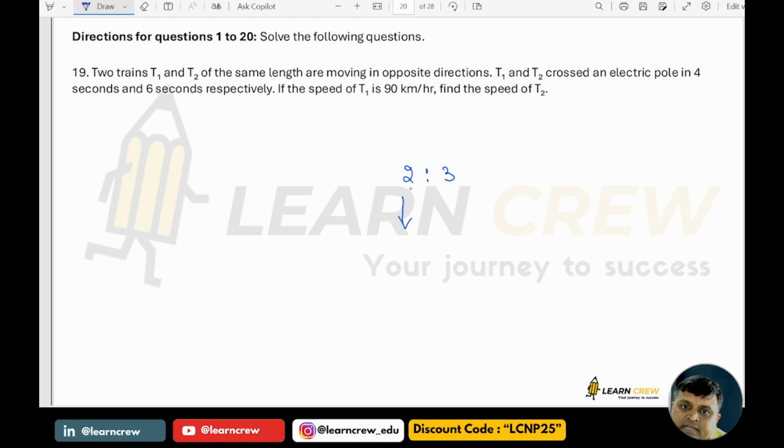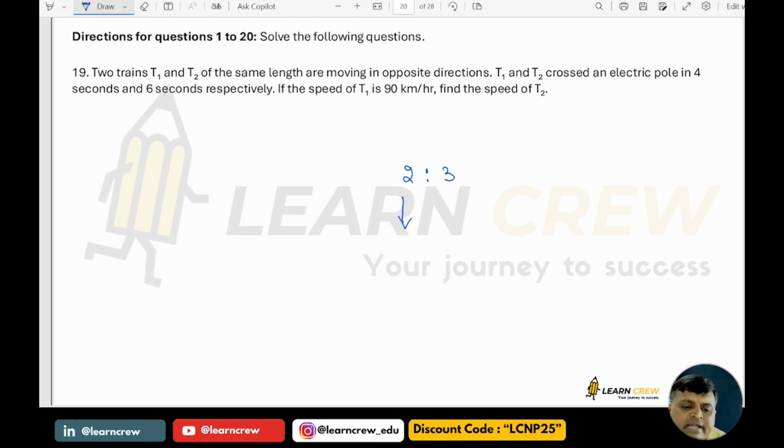Please understand here, 2 parts is 90. If the length of each train is L, because both trains are of same length, the speed of the first and the second train, let us say some X and 90 kilometer per hour, and they take 4 seconds and 6 seconds respectively to cross the man.